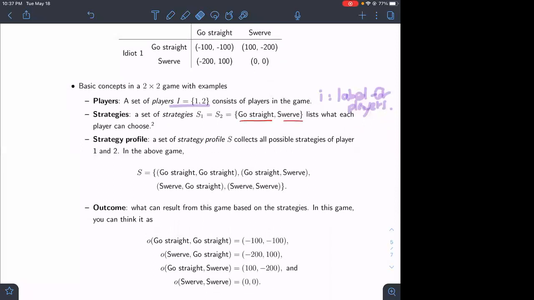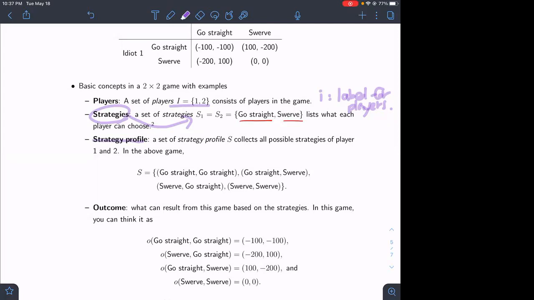Now, what is the difference between strategy and strategy profile? The set of strategy profiles combines the strategies of all the players. A strategy is for each player, while a strategy profile is for the entire game.